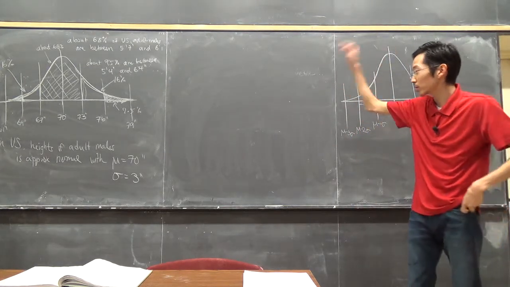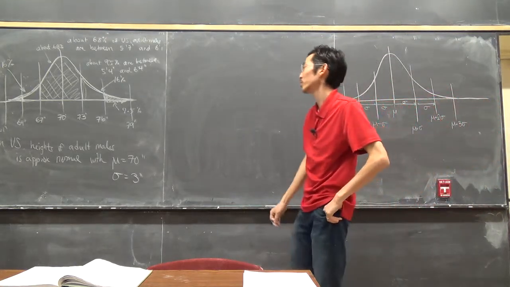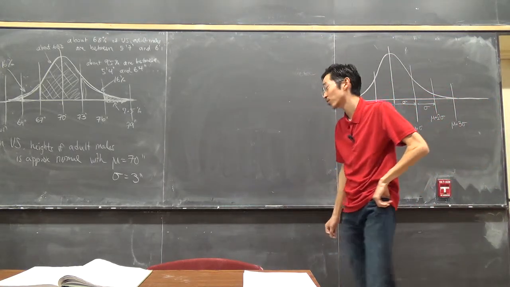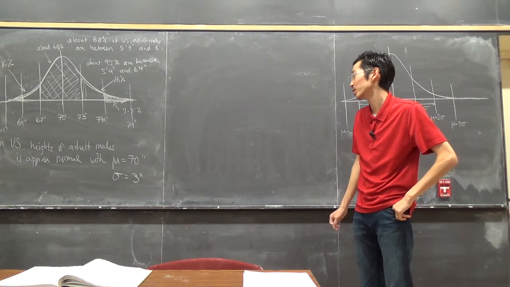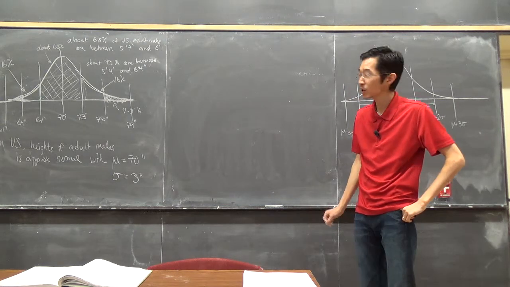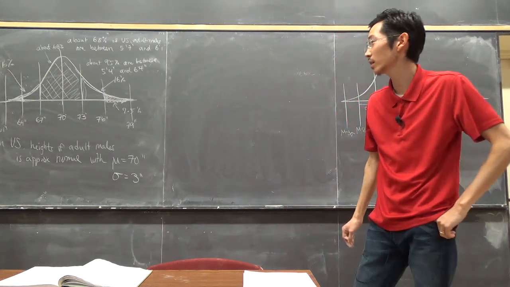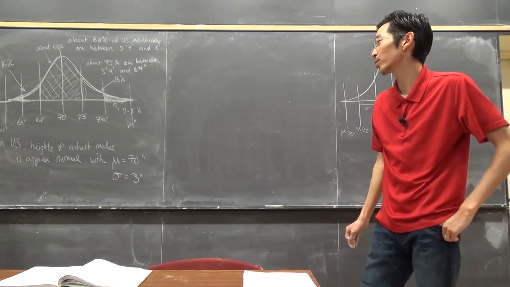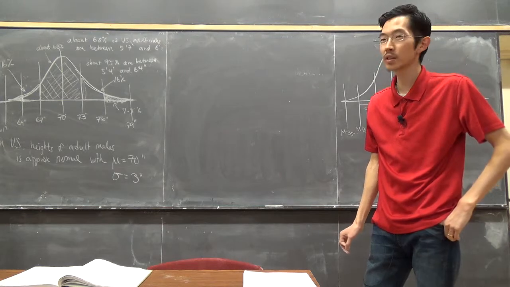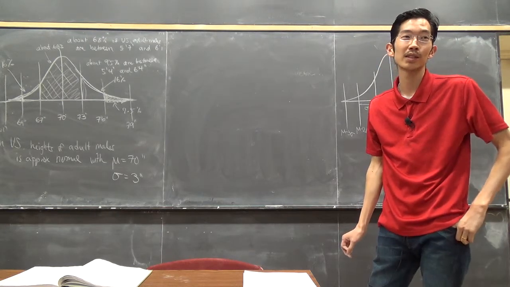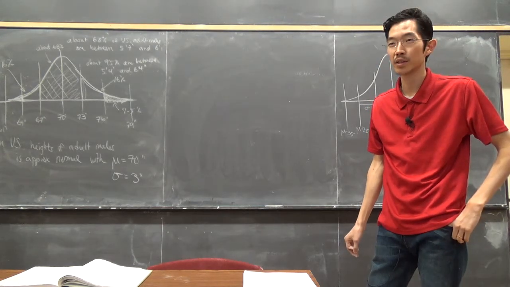Okay, so good. You were able to answer questions like, what percentage are shorter than 67, and what percentage is taller than 76. What if I ask for a number that's not there? What if I say, about what percentage is shorter than 66 inches? How would you answer this? Okay.